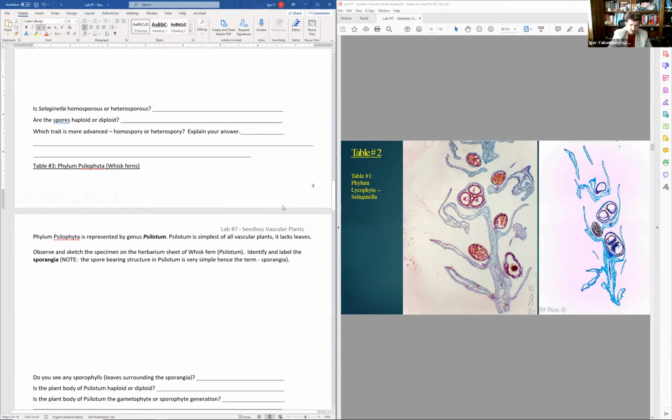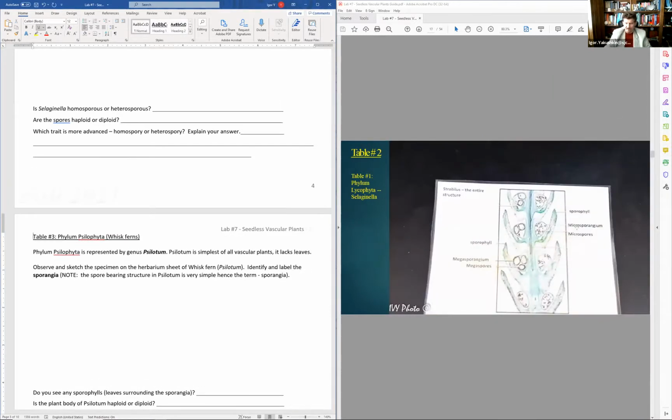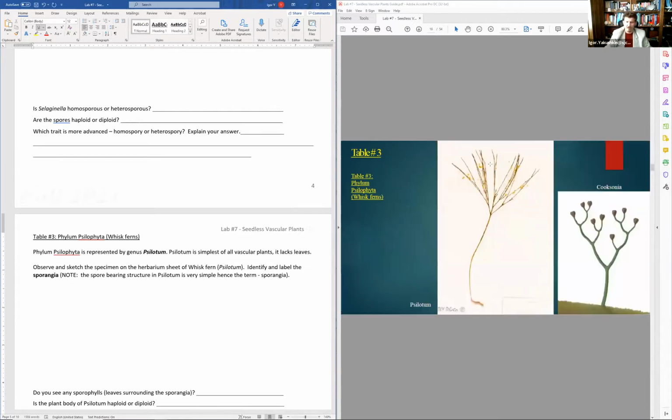Table 3, whisk ferns. So here we have microsporangium, microspores, megasporangium, megaspores, and now we're looking at the actual fern plant. Here we're looking at the Psilotum, the actual plant known as the whisk fern. They don't grow very tall, and again it looks very similar to what we had at the dawn of the plant kingdom, that's Cooksonia.